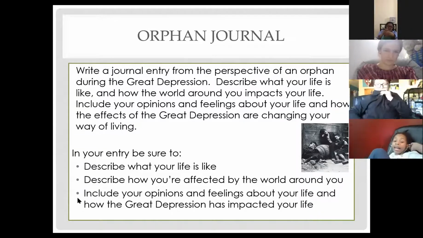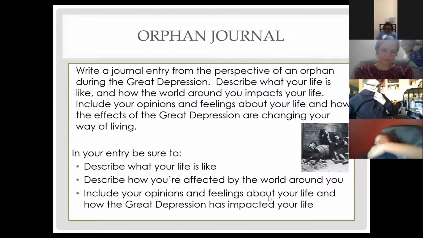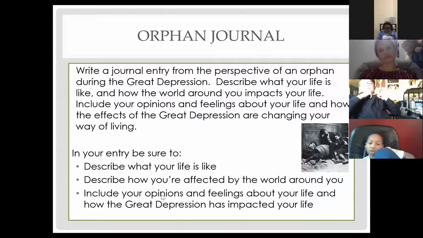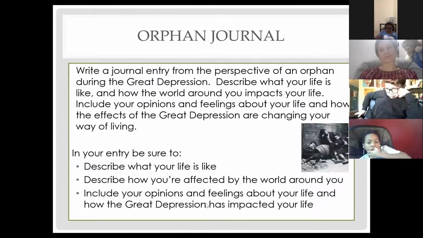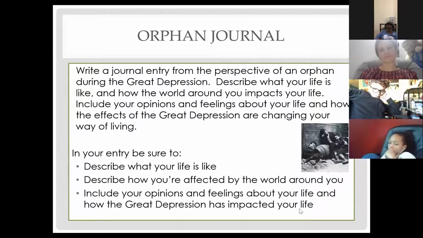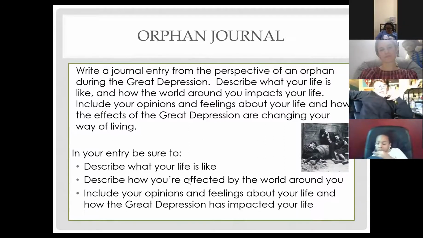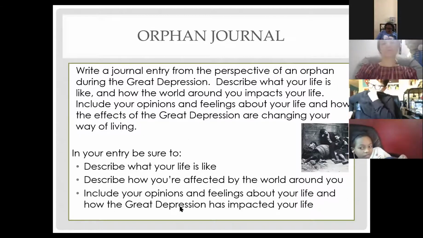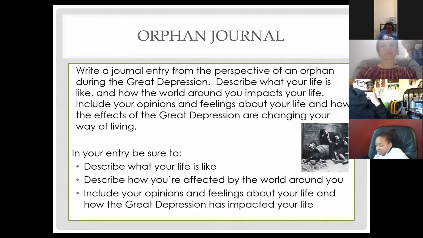And then it says, include your opinions and feelings about your life and how the Great Depression has impacted your life. So within these 2 paragraphs, you need to include how you're feeling, your opinions about it, and how the Great Depression has impacted your life.